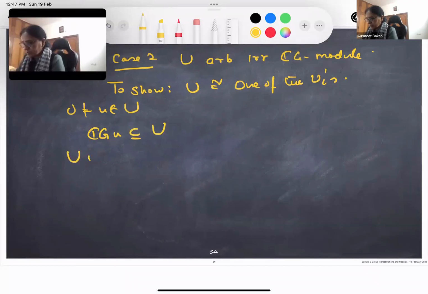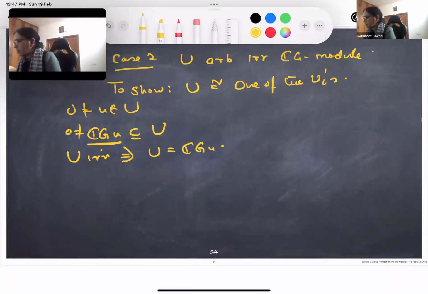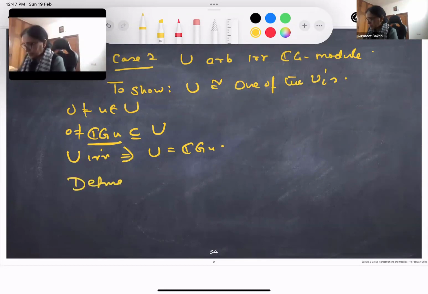U irreducible implies this is non-zero, and therefore U is equal to CG u. So it's a simple module generated by this u. Now you define theta from CG to U by mapping alpha to alpha times u.